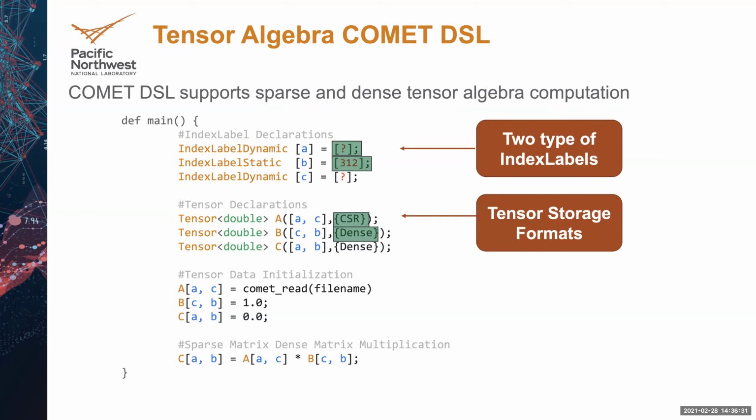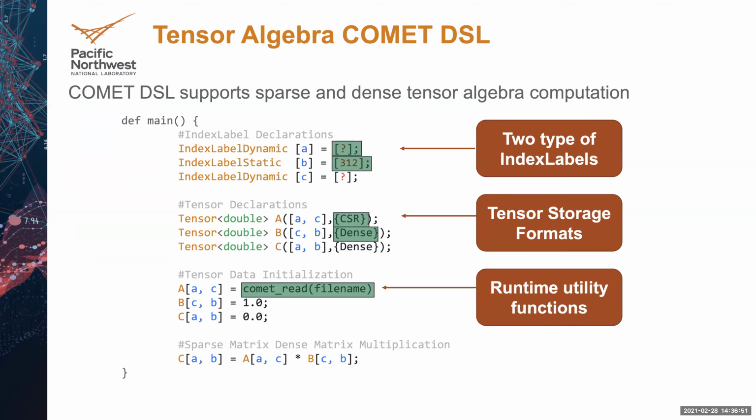Also in the tensor declaration, we can specify the tensor storage format. In our compiler, we support the most common sparse tensor operations and dense ones. So this is how, in the language, the programmer defines their storage format. Then we have some utility functions to read the input file and initialize the tensors.